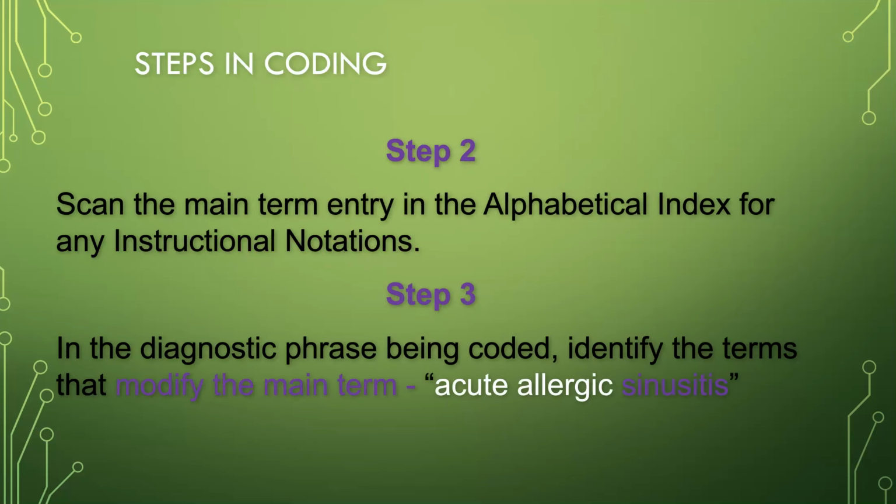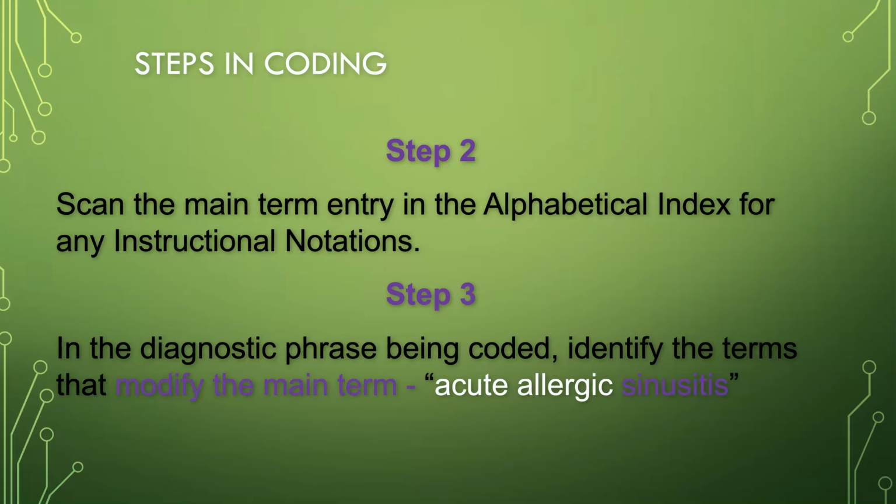Step 2, so we're going to look in our index. If you have your book, I want you to turn in your alphabetic index to sinusitis. Now, you're going to see some instructional notations and some non-essential modifiers. Those non-essential modifiers in this example just modify the main term.